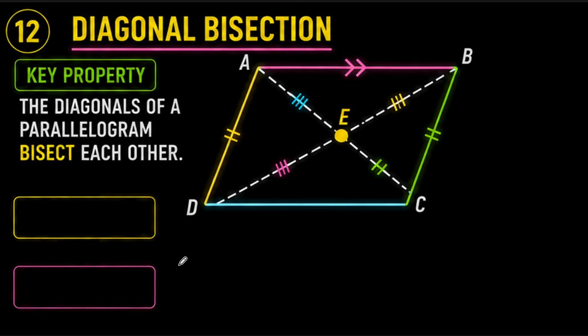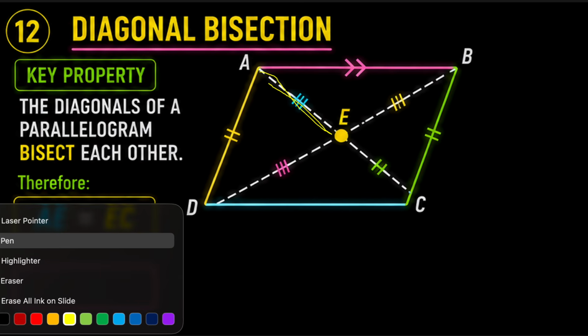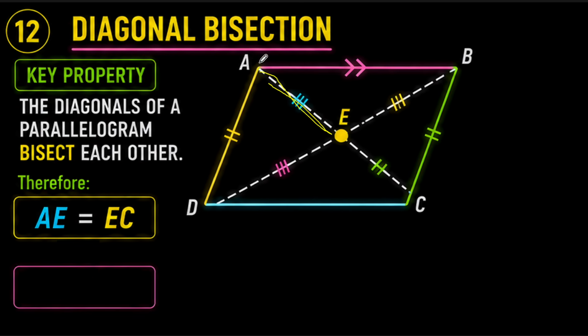So here, the key property naman, pagdating sa diagonal bisection is, the diagonals of a parallelogram bisect each other. So what does it mean? Yung AE, itong nagkaroon tayo ng diagonal dito na dalawa. So yung AE na to, this measurement, gawin natin siyang highlight na lang, is the same as this measurement.